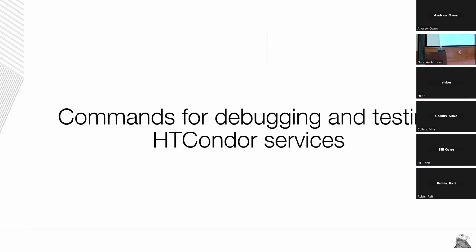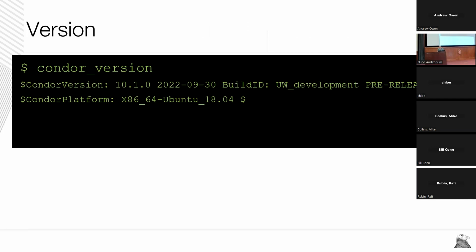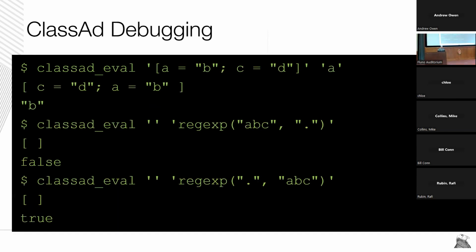So moving on, we've got commands for debugging and testing the services proper. Probably the command that has the least amount of problems, Condor version. Pretty straightforward. We could do better even with this. Another command for debugging, which is super useful, is the classad eval command.